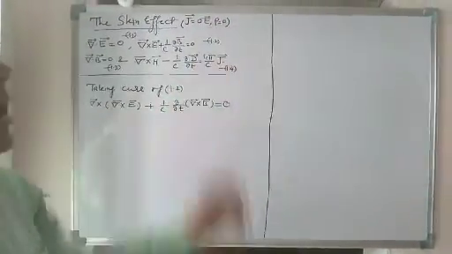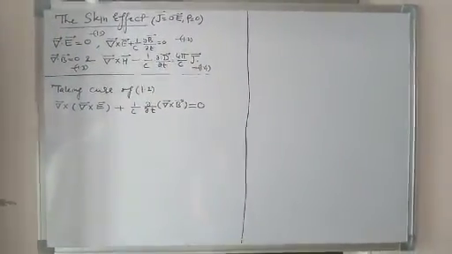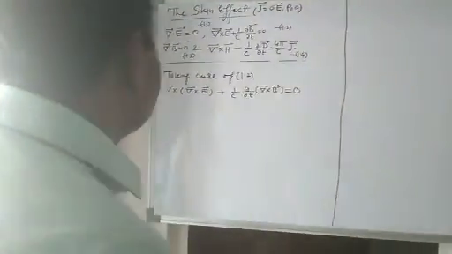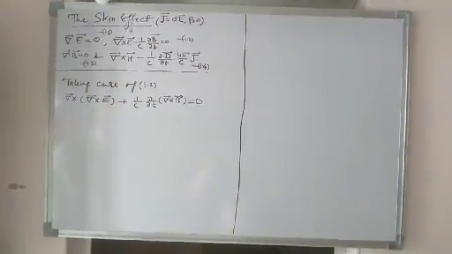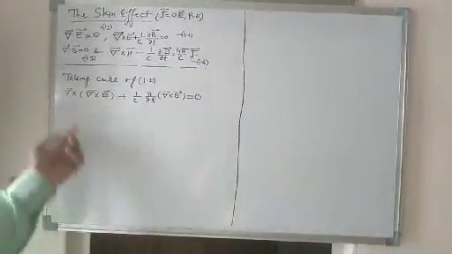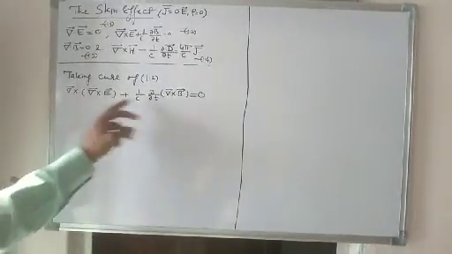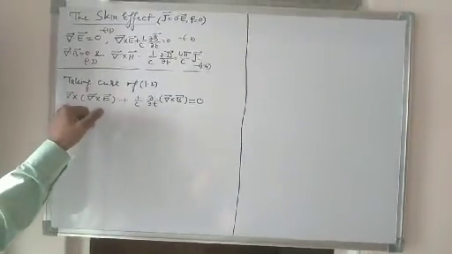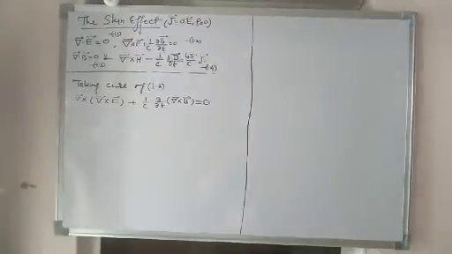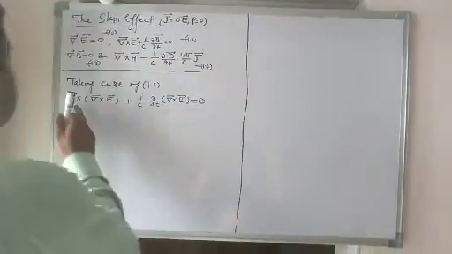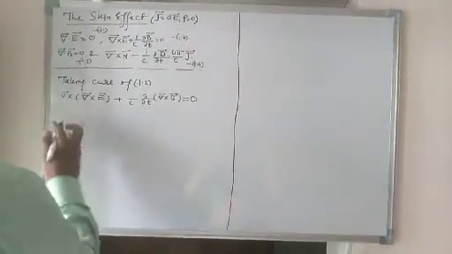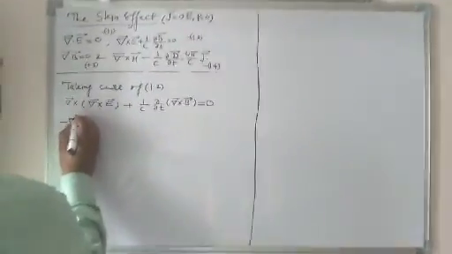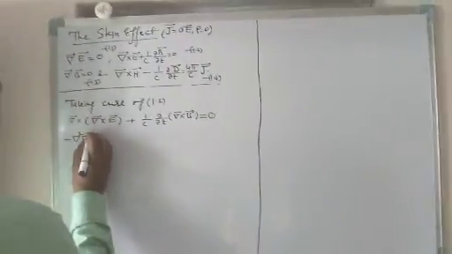We will still assume that there are no free charges inside the conductor, which is true in general. Now we will take the curl of equation 1.2, the curl of E equation. Once the curl is taken, we solve this using the identities of calculus.